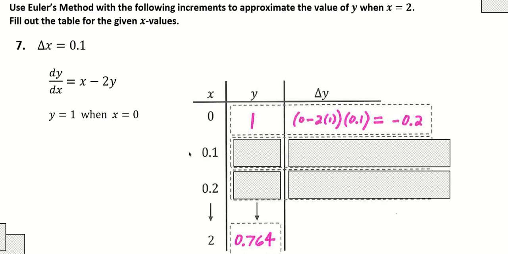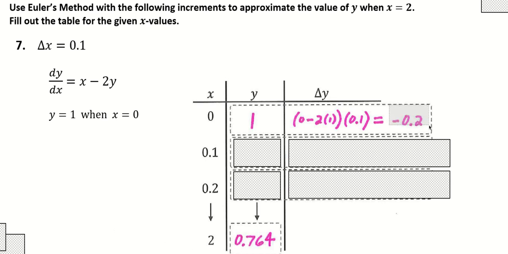I already have these in here for you. You're welcome. But these are not a mystery even from the beginning, because you know that the change in x is 0.1. So if you're starting at 0, the next one's going to be 0.1 comma something, then the point after that is going to be 0.2 comma something, and then all the way to 2 comma something.